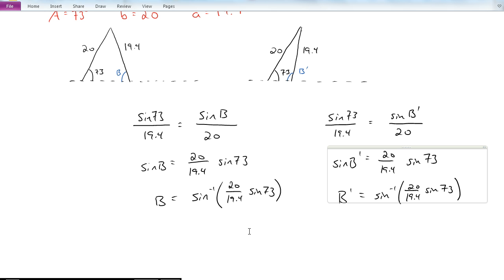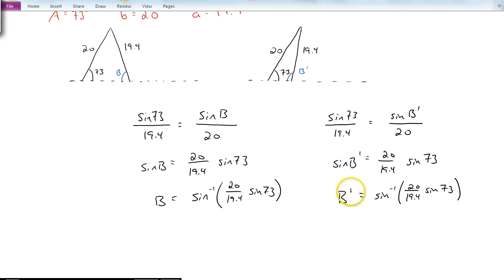So in that vein, you should not expect the inverse sine function to produce B prime for you because it's an obtuse angle. It would be in the second quadrant, and this B over here is the first quadrant angle, and that's the one that the inverse sine function is going to produce. So while both of these statements are true, the inverse sine function cannot produce B prime.